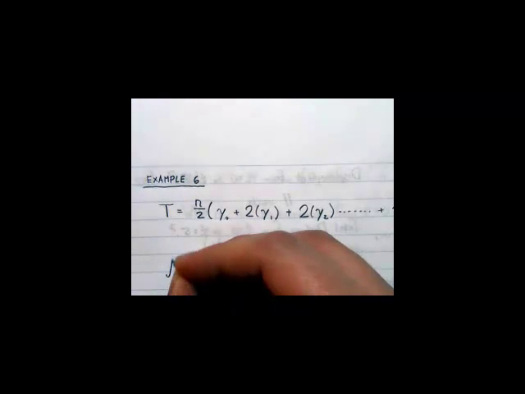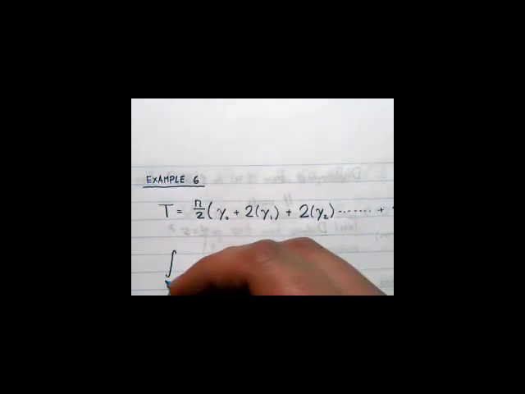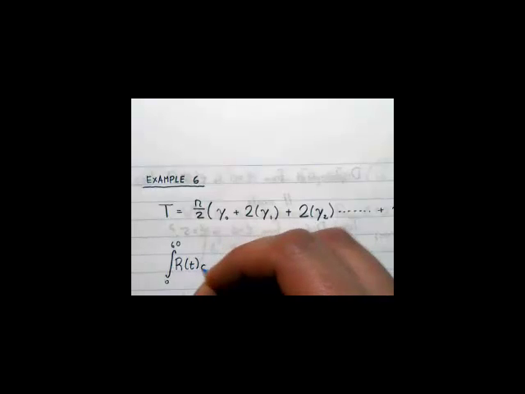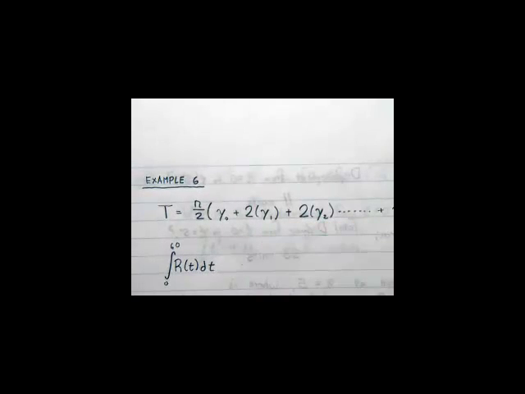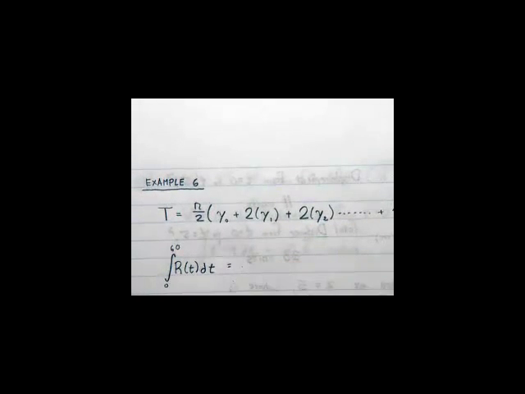All right. So for us, the integral from 0 to 60 of the rate, and we'll call it r of t, means we're going to need to take the data and use it in this formula over here. So this is not n, this is h.